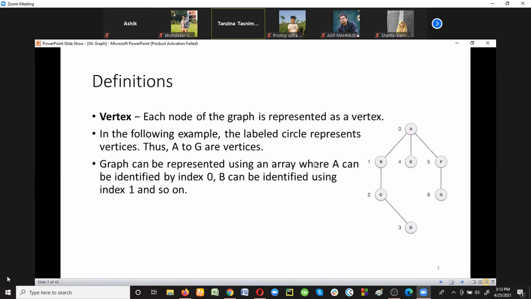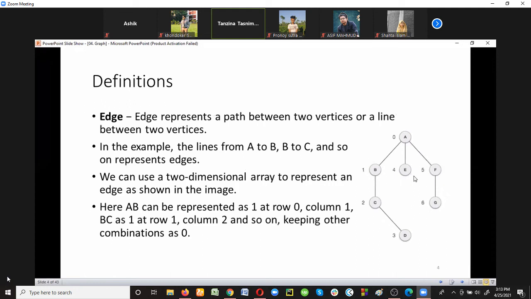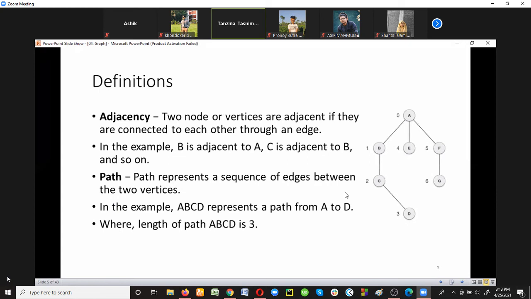What is a vertex? Vertices are actually the nodes in this graph: A, B, E, F, C, G, D. These are the vertices. And what are the edges? Edges are the connecting lines between two nodes, right? And we talked about some terms like path, cycles, and loop also, isn't it?